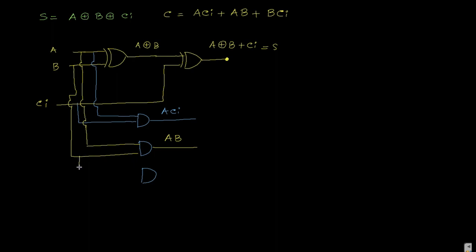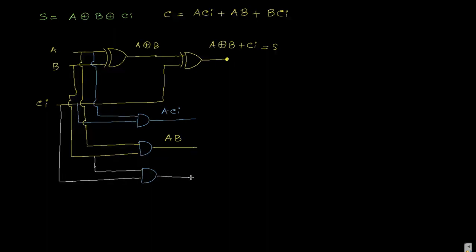So taking this from B, just changing the color, we are taking it from B over here, and this is your Ci over here.